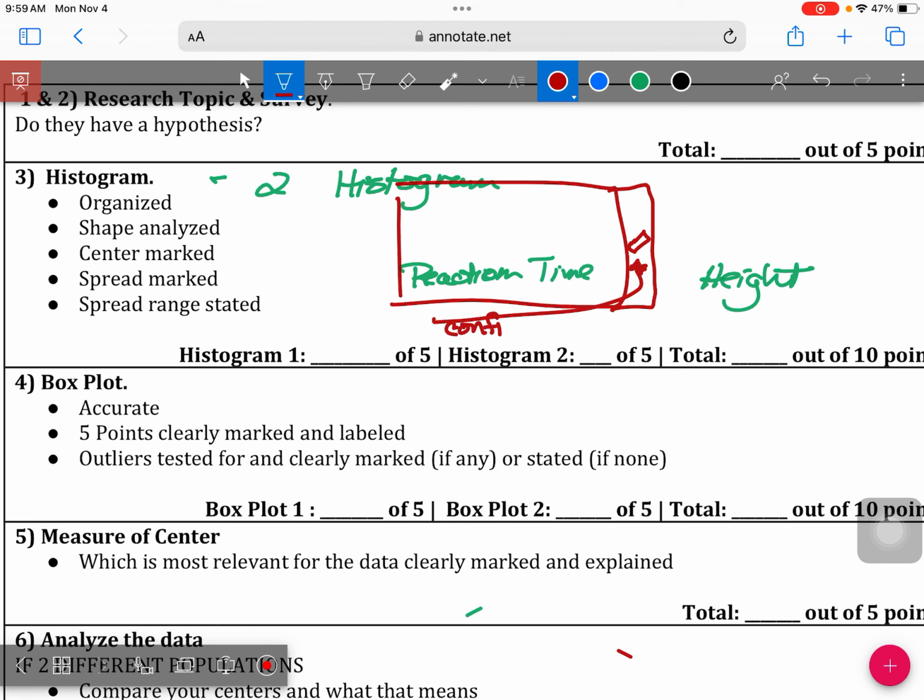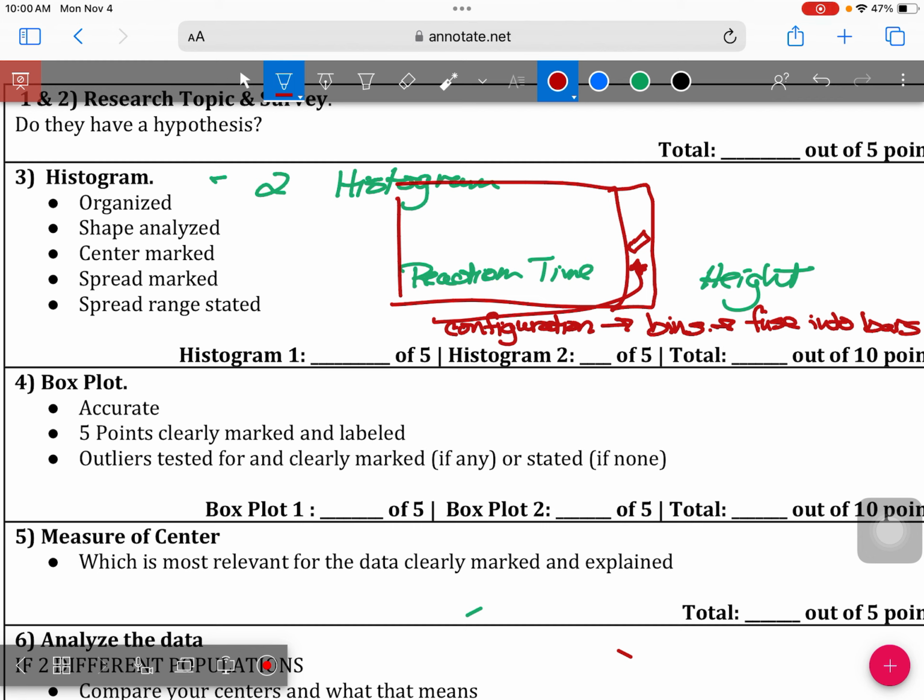You need to click on configuration. You're going to put them into bins, and then it says fuse into bars. Okay? So this is an important part for changing your individual points into bars.